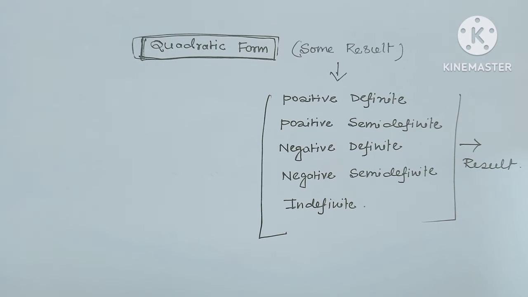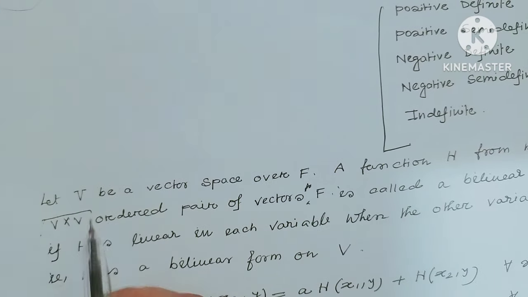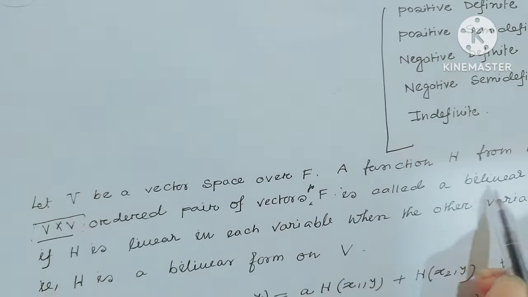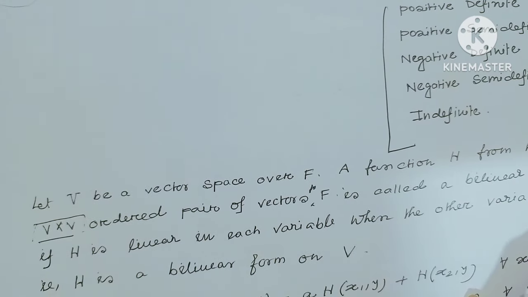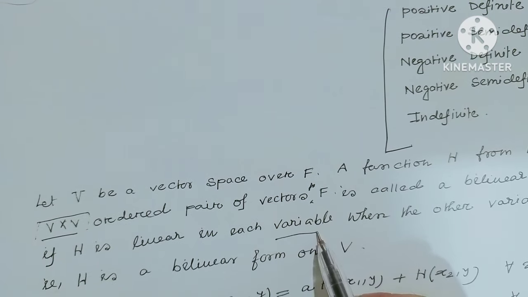At first, let's see what the quadratic form is, just as a review. We all know the quadratic form is a self-bilinear form. Let V be a vector space over the field F. A function A from the set V cross V, ordered pairs of vectors, to the field F is called a bilinear form on V if A is linear in each variable.